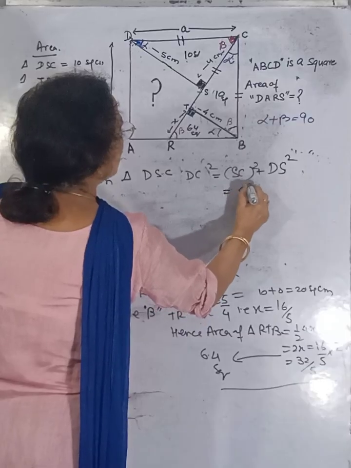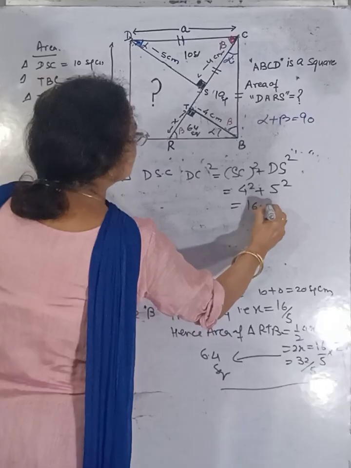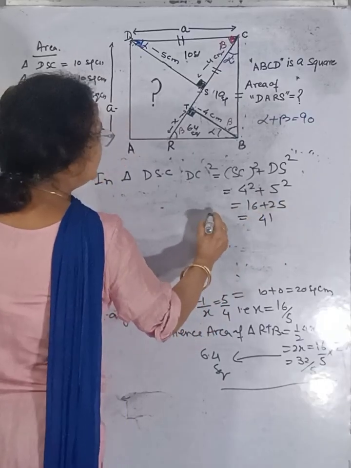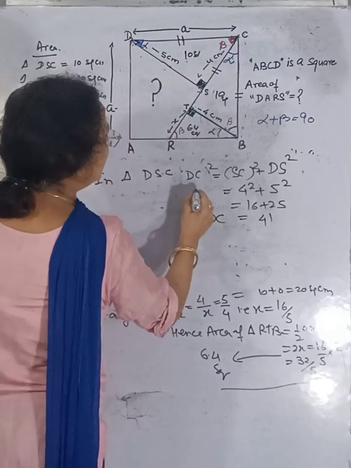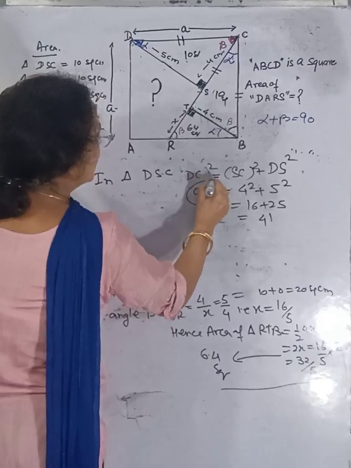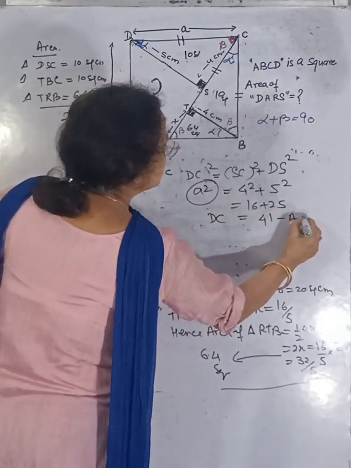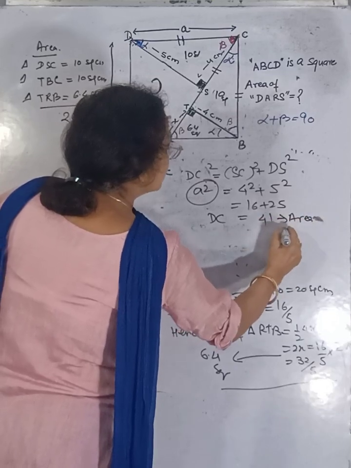SC square is 4 square plus 5 square, that is 16 plus 25, which is 41. DC square is equal to A square.